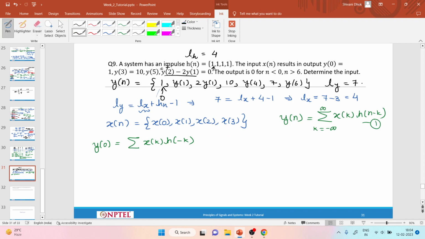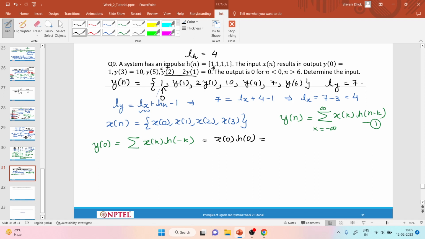Similarly, if I vary k from minus infinity to minus 1, then this x of k will be 0, because x of n is 0 for all the values of n which are less than 0. Therefore, the only value of k for which it will survive is 0. So I am having this as x of 0 into h of 0.